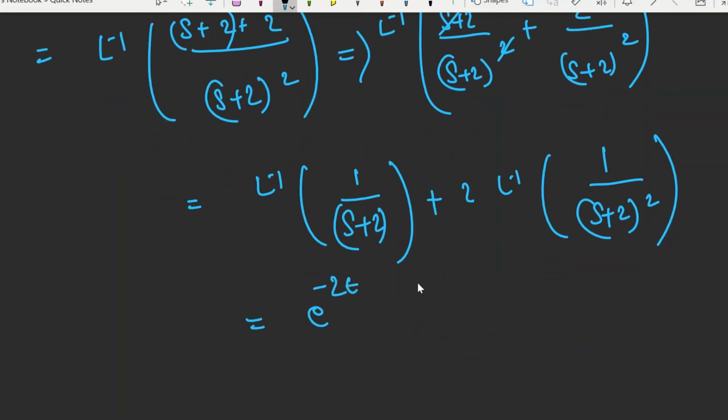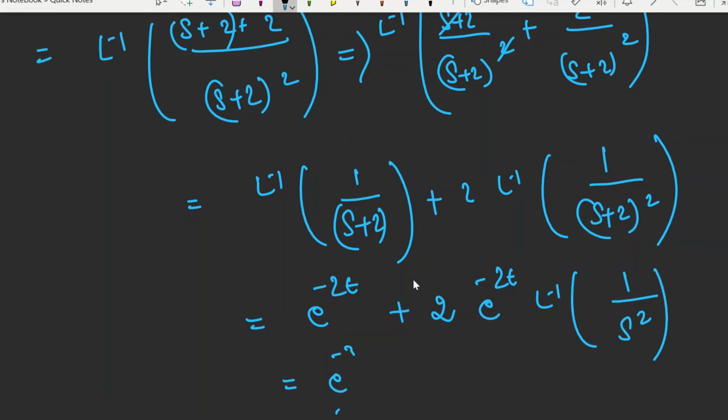e power minus 2t plus 2 times of e, here we have to use shifting concept, L inverse of 1 by s square. Now e power minus 2t plus 2 e power minus 2t, L inverse of 1 by s square is t. This is my second phase inverse Laplace transform.